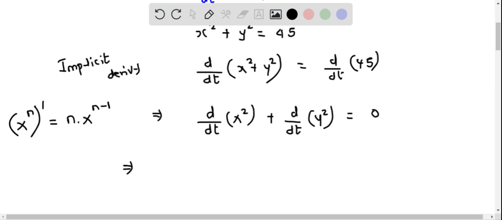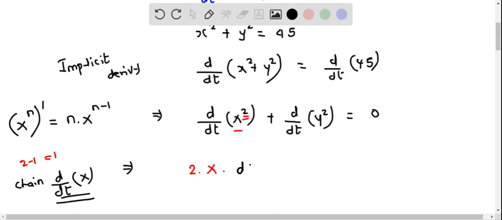So you just put the power in front and reduce the power by 1. For x squared, we put the power 2 in front and raise x to the power of 2 minus 1, which is 1, so it's 2x. Then we apply the chain rule, and the derivative of x with respect to time is dx over dt.